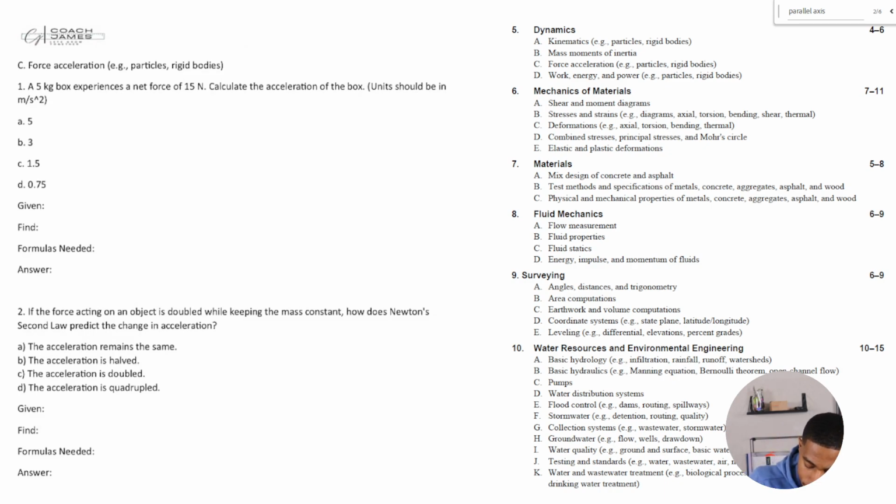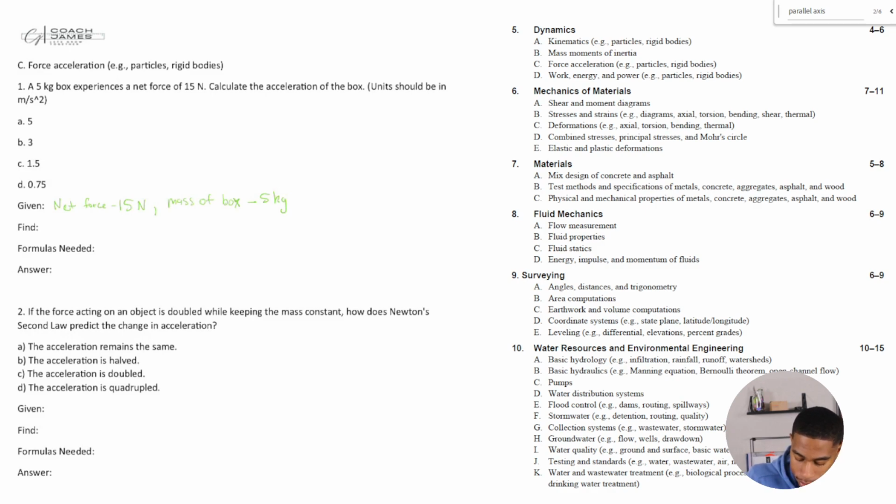So given a net force of 15 newtons, they give us the mass of the box, not the weight, which is 5 kilograms. Weight and mass are different. This is a mass.